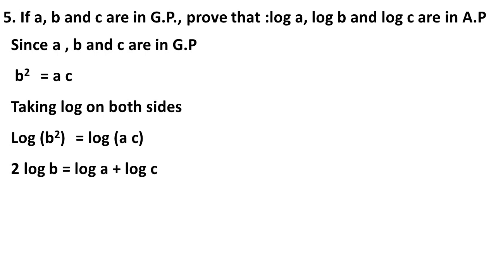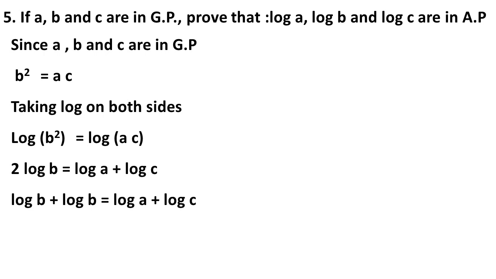Try to recall all the identities and laws of logarithms and indices chapter over here. Now 2 log b can be written as log b plus log b, just expansion. 1 plus 1 is 2, same way x plus x is 2x. So 2 log b can be represented as log b plus log b is equal to log a plus log c.